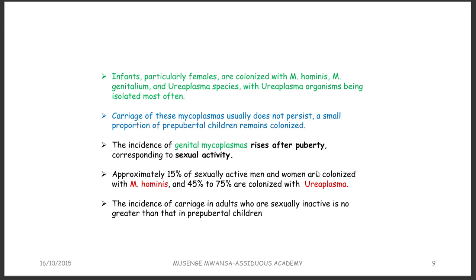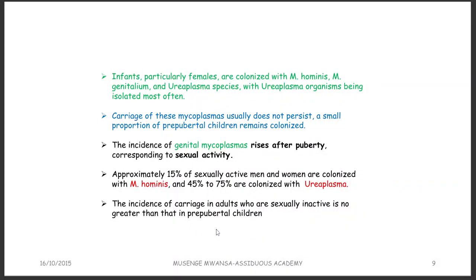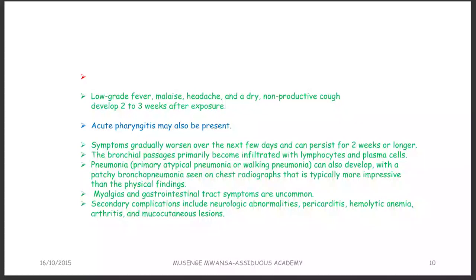So you can say that Ureaplasma is more common than Mycoplasma hominis in the sexually active. The incidence of carriage in adults who are sexually active is not greater than that of prepubertal children. So whether you are prepubertal or an adult, the incidence of carriage is still the same.